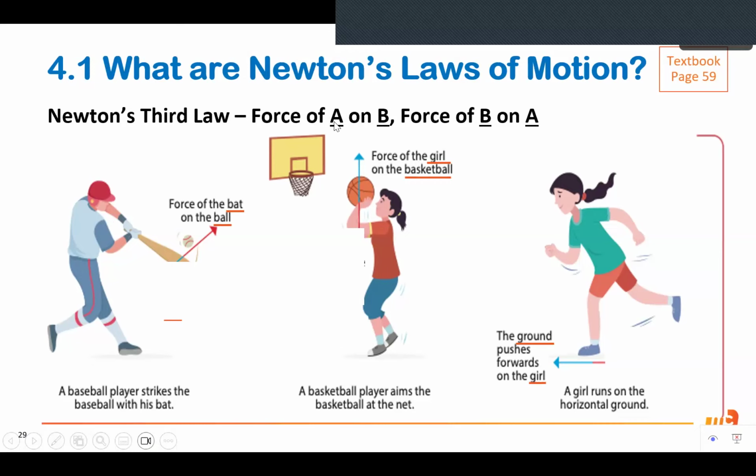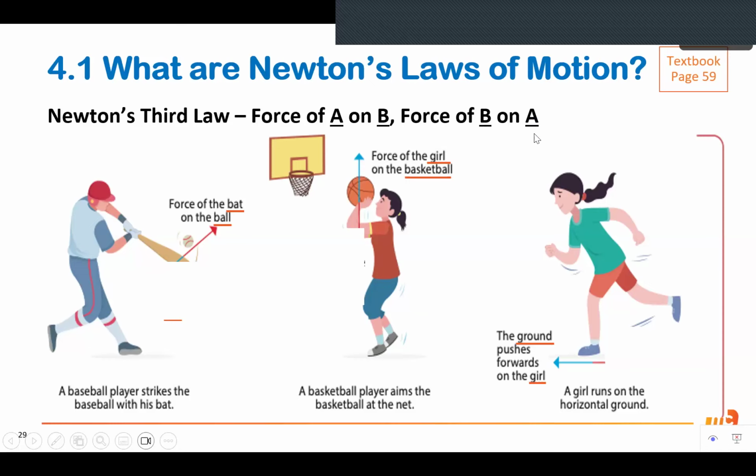So it's force of body A on body B, and the other will be the force of body B on body A. So you can see that the forces are acting on different bodies, exactly on opposite bodies. The directions will be exactly opposite of each other.